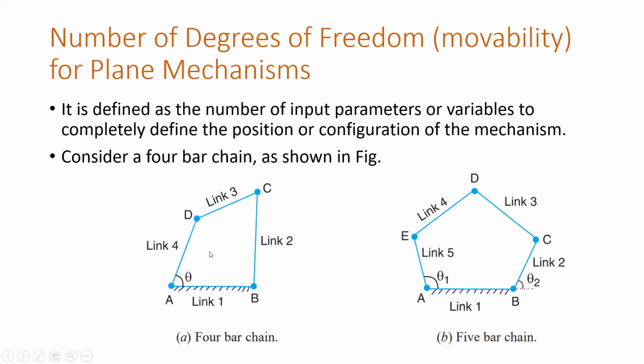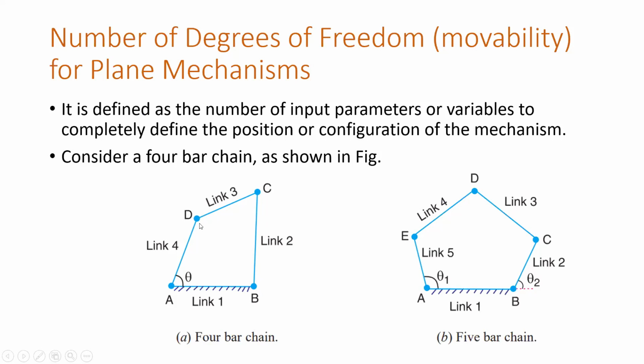Now let us start with the new topic that is called degrees of freedom. If you have devised a mechanism, how free it is to move, that is called degrees of freedom.